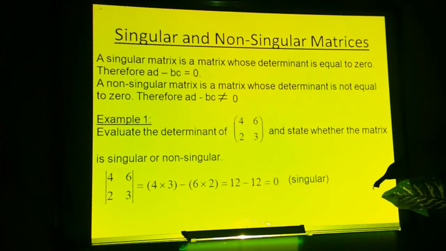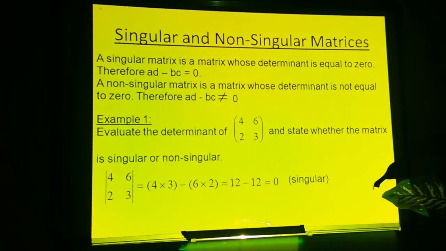What is a singular and non-singular matrix? A singular matrix is a matrix whose determinant is equal to 0. Therefore, AD minus BC must be equal to 0. Now, in matrices, the opposite of singular is not plural. We're not dealing with English. Maths has its own jargon.